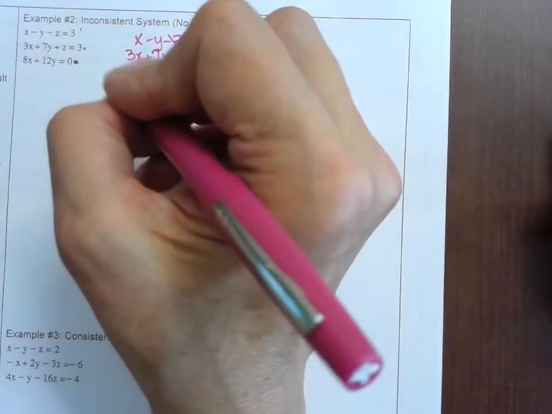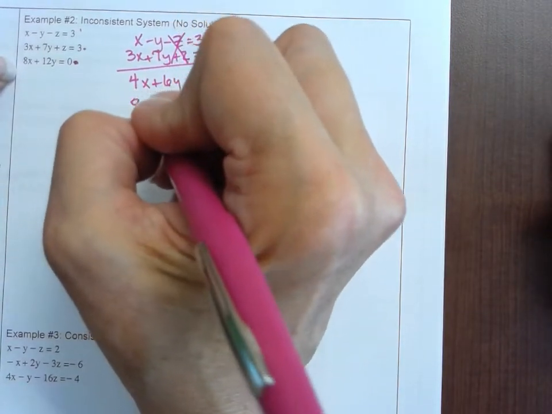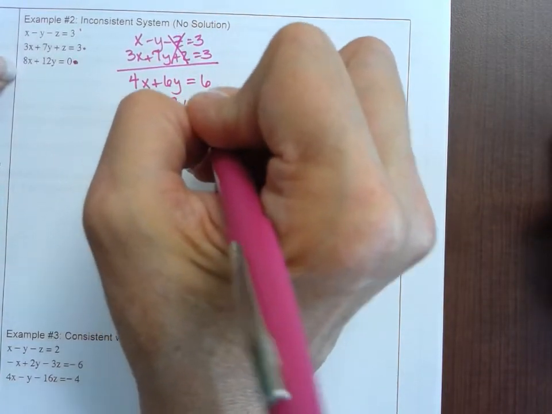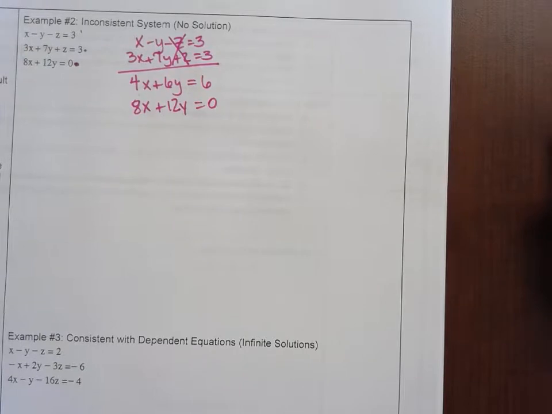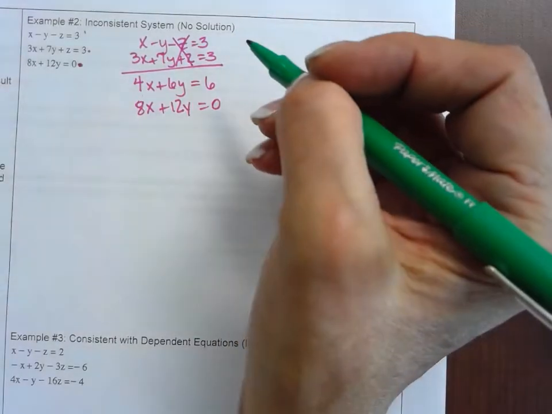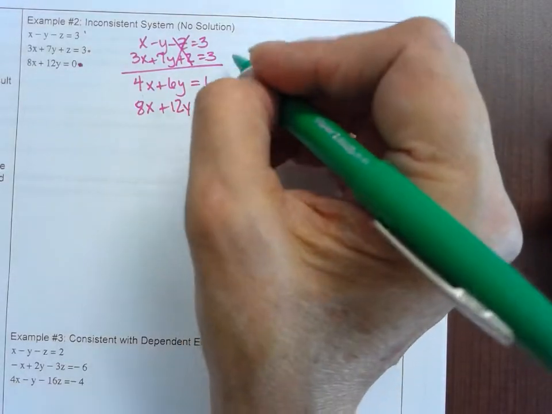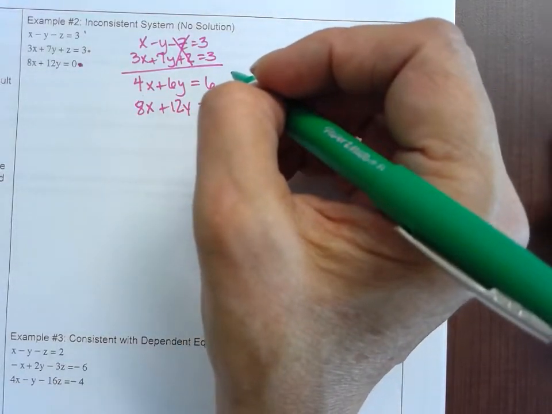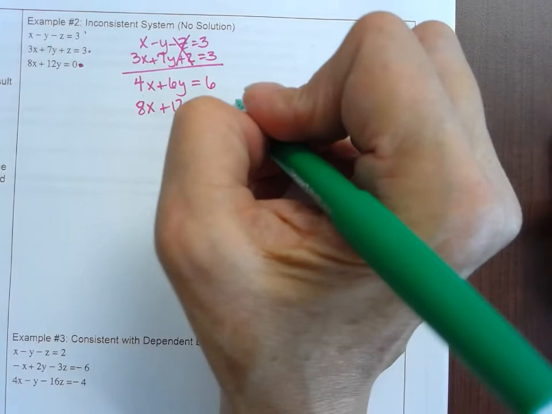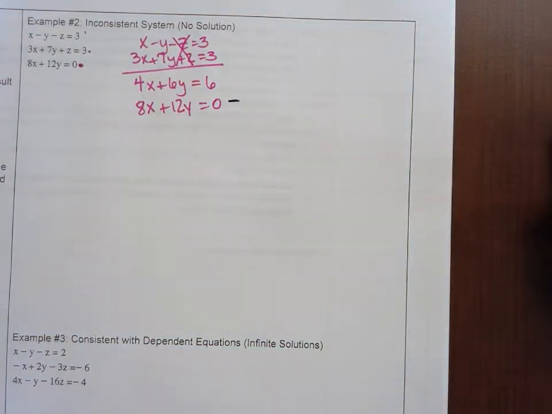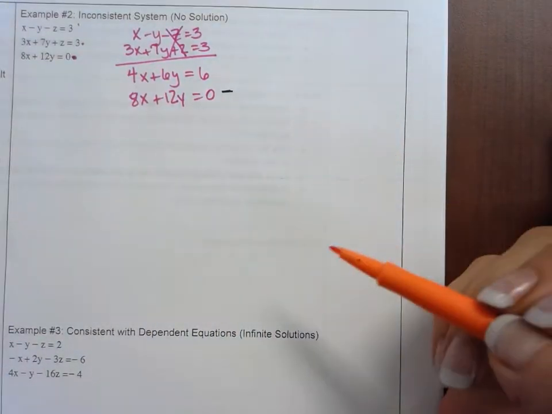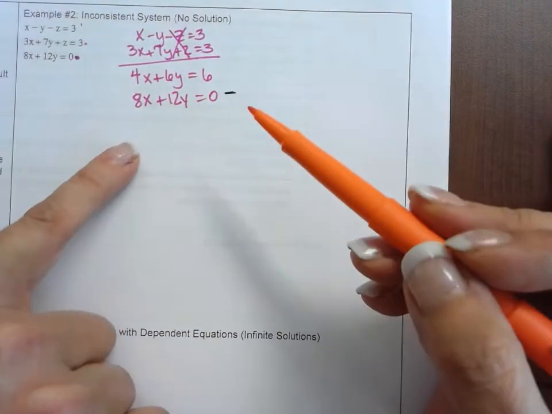And I already have equation 3 as 8x plus 12y equals 0. That's beautiful. I can just completely skip that next step and go straight into, what do you want to eliminate from these two?